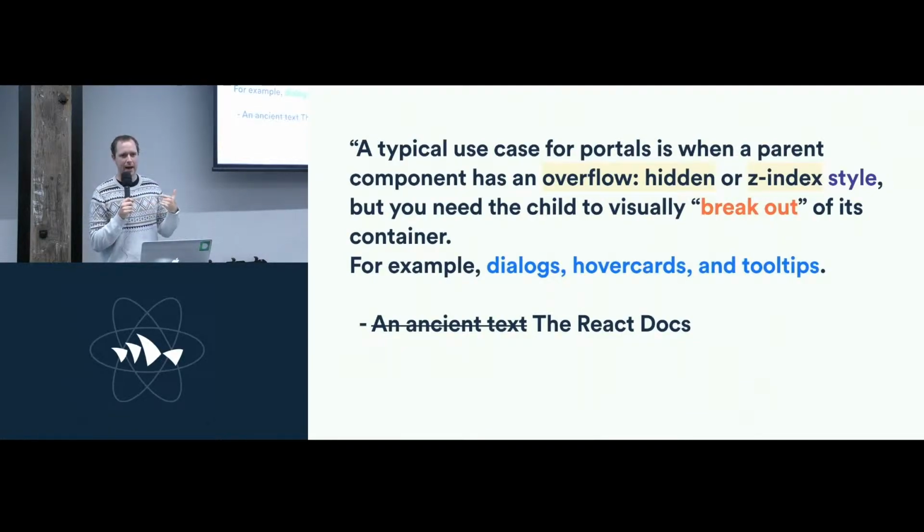CSS has this nasty habit where there's no way as a child that you can break out of those styles or not be affected by those styles. And so often moving things into a portal, like another div, often at the end of the body, is a way of being immune from your parent's stylings.